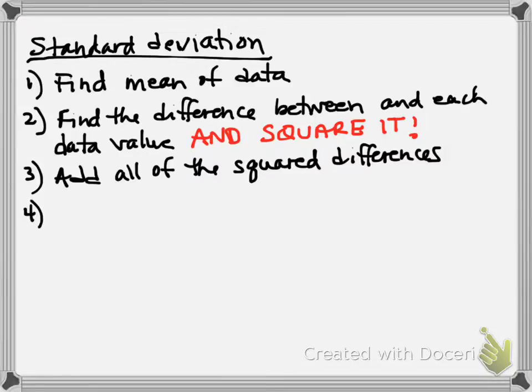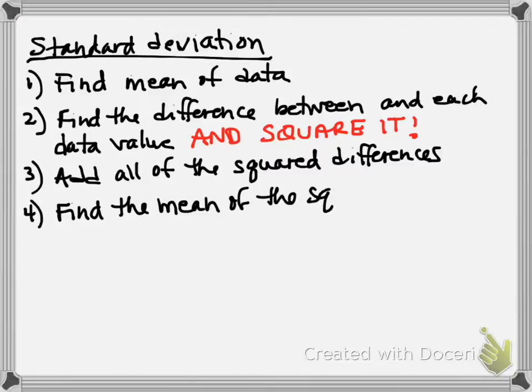Then we're going to find the mean of the squared differences. So we take step 3 and we divide it by how many data items we had.